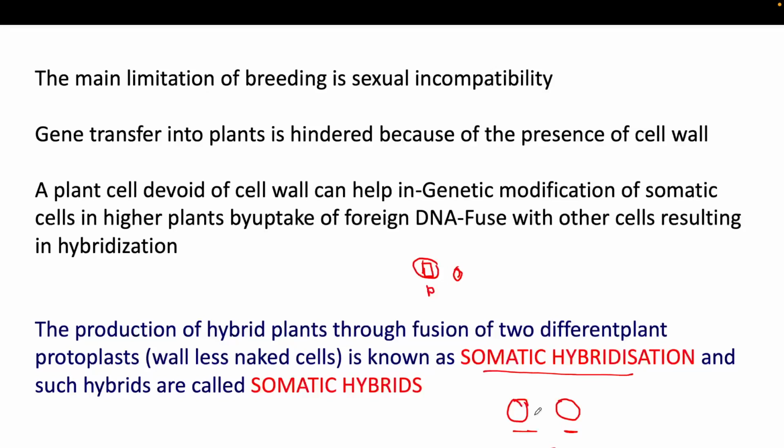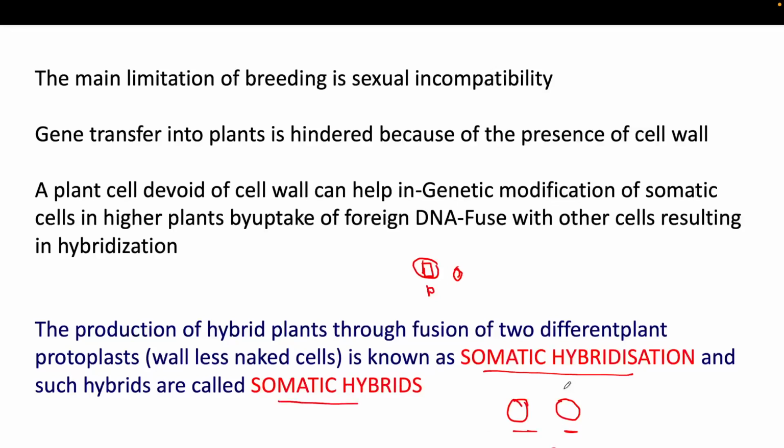That's why we isolate the protoplast, in which case the cell wall is absent. When you fuse the protoplasts of the two plants, whatever hybrid is created is called a somatic hybrid, and this process is called somatic hybridization.